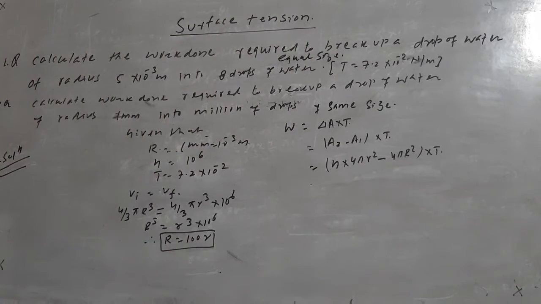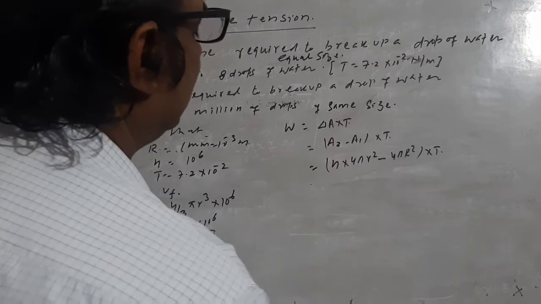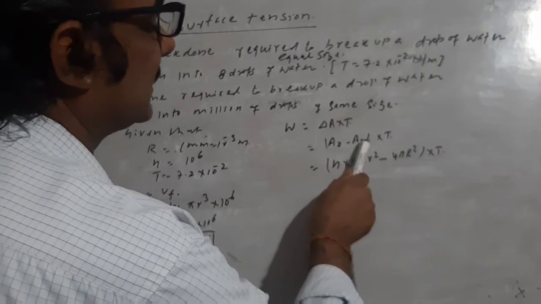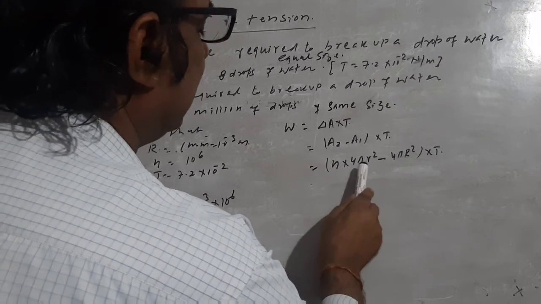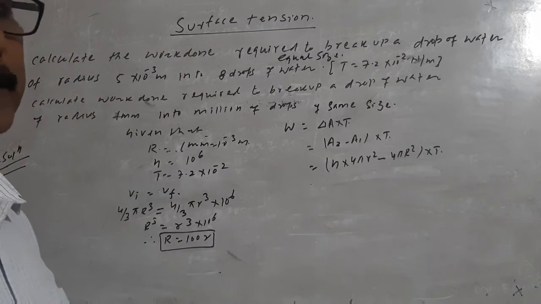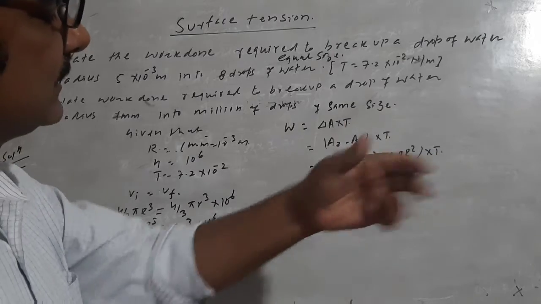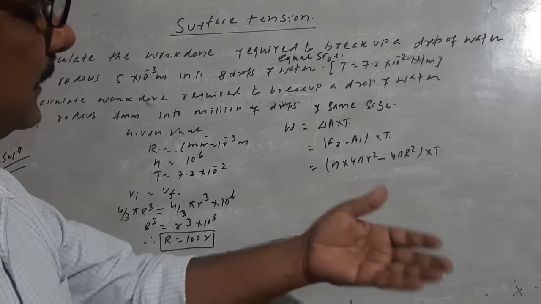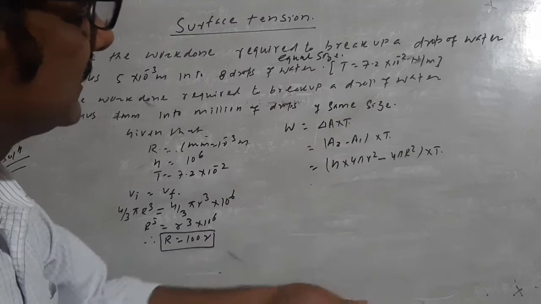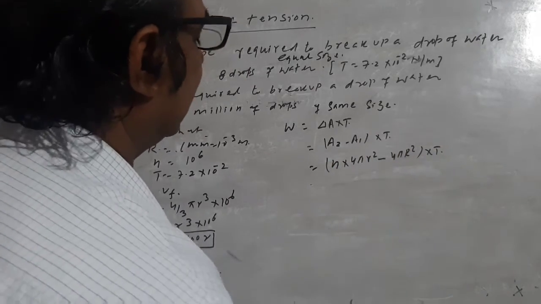Now using the equation to find the work done. Work done is delta A into T, the change in area, A2 minus A1, into T. N into 4 pi r square is the area of the smaller drops when the bigger drop is divided into millions of drops, or with a different number like N, hundreds, thousands, millions, and so on. The similar approach is applied again.